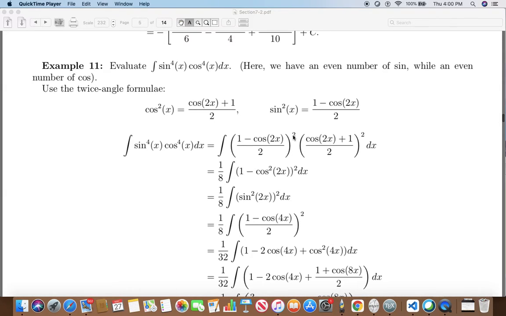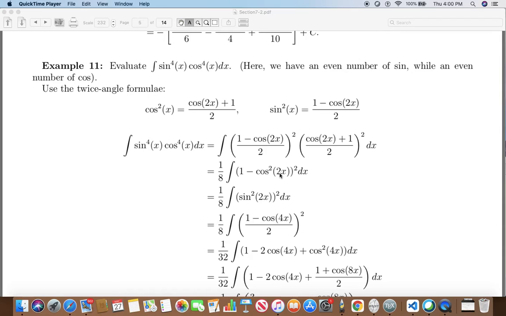Anyhow, taking powers here, 1 minus cosine 2x, and this is actually 1 plus cosine 2x. So that's the difference of squares formula. 1 minus cosine 2x and 1 plus cosine 2x is 1 minus cosine squared 2x. 1 minus cosine squared is what we call sine squared.